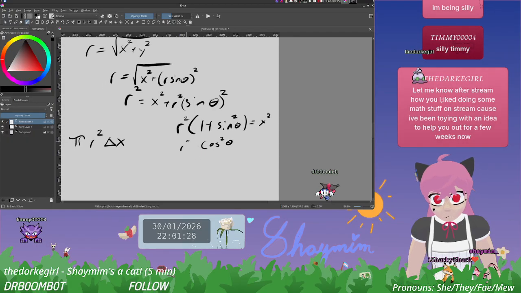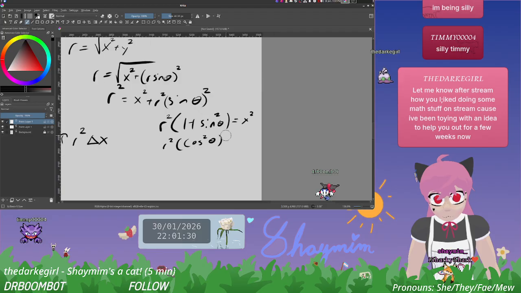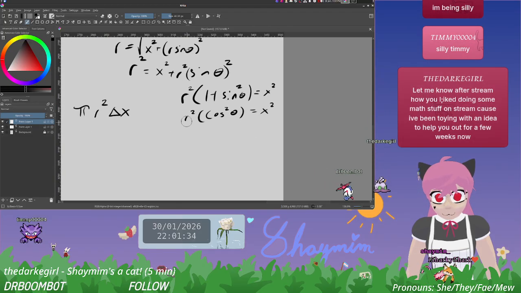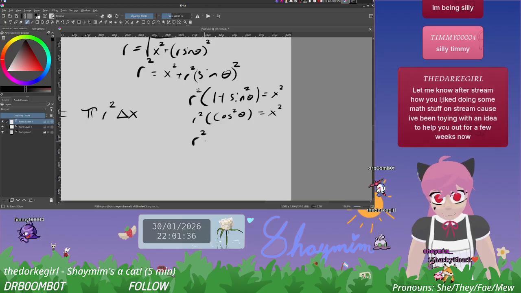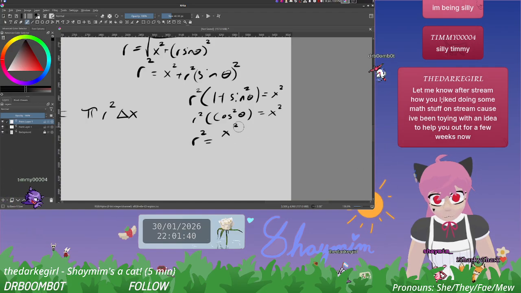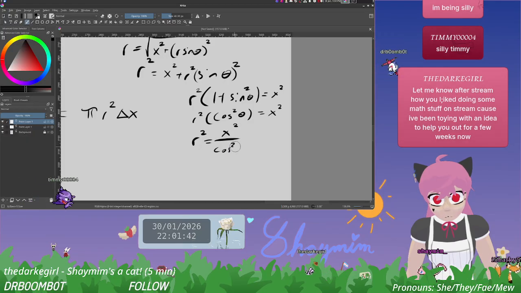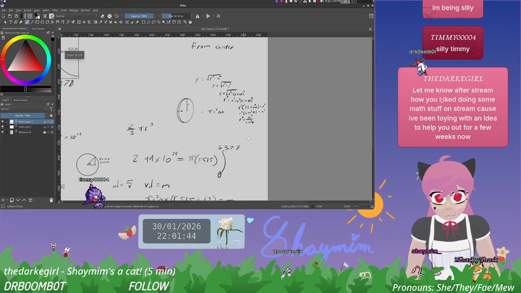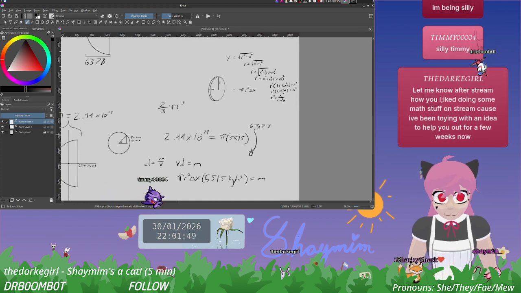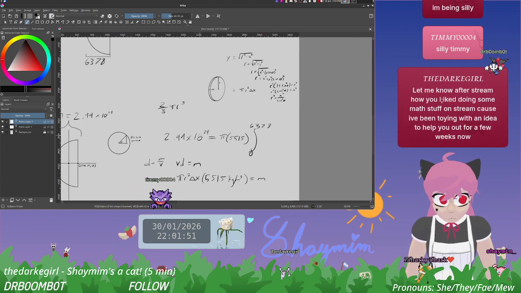Awesome, equals x squared. So we can say then that r squared equals x squared over cosine squared theta, which is good.